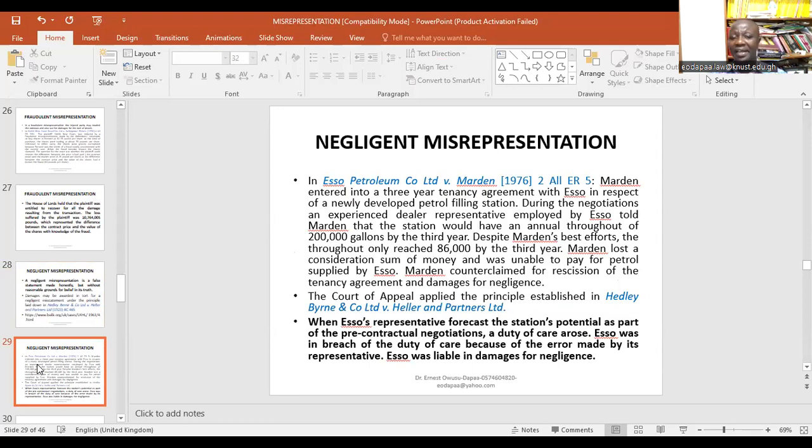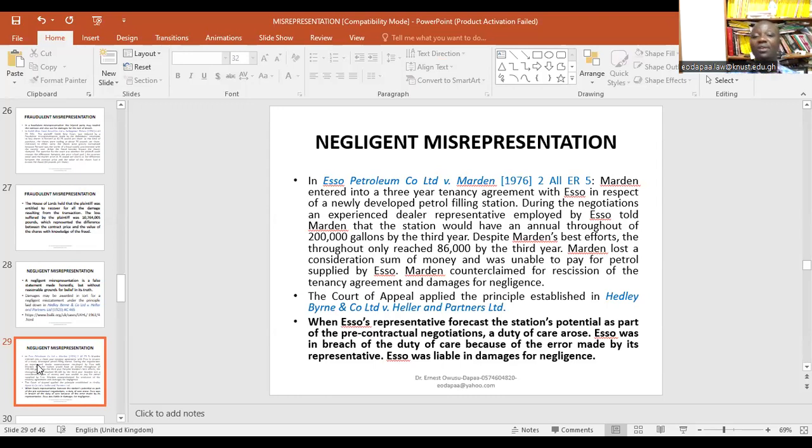Now, in the SL Petroleum Company against Marden, which we've talked about already, if you remember, when we were talking about whether a statement of opinion can actually give rise to misrepresentation. And you said that where the statement is made by an expert or someone professing to have certain expertise, then that could give rise to misrepresentation. And we cited SL Petroleum Company Limited against Marden as an exception to Bisset and Wilkinson.